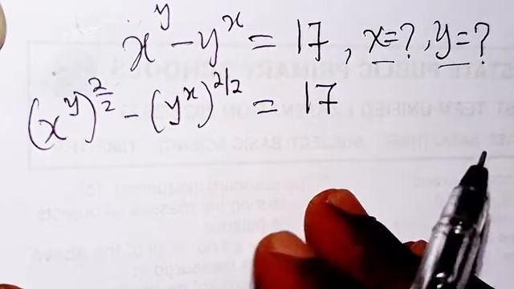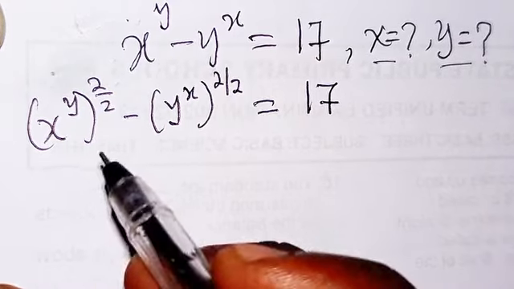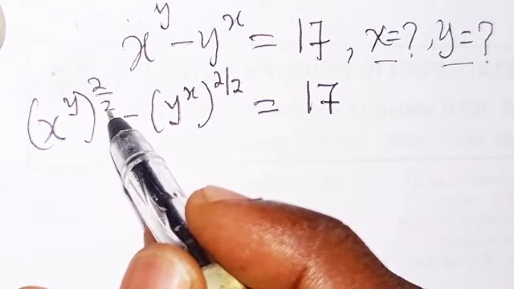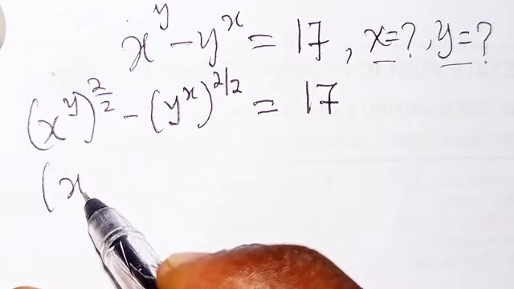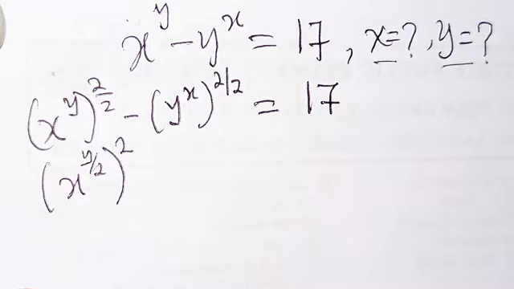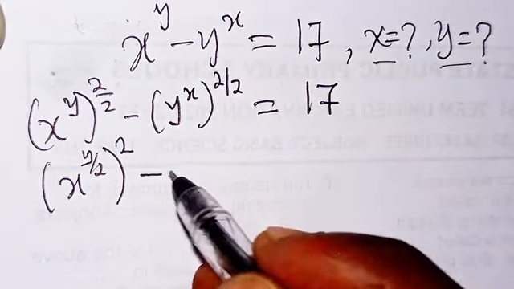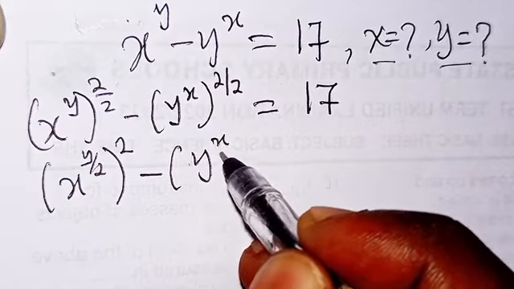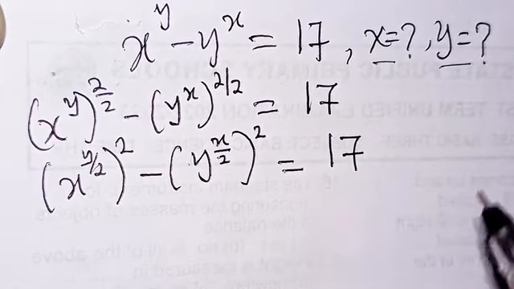So now, the next thing I'm going to do is take this 2 inside, that is, I can have this to be x to power y over 2 raised to power 2, okay, minus y to power x over 2 to power 2 then equals 17.